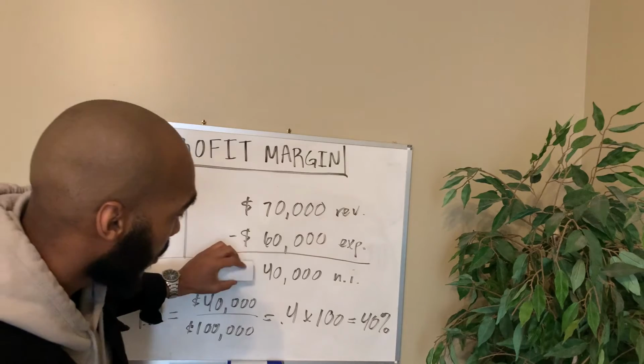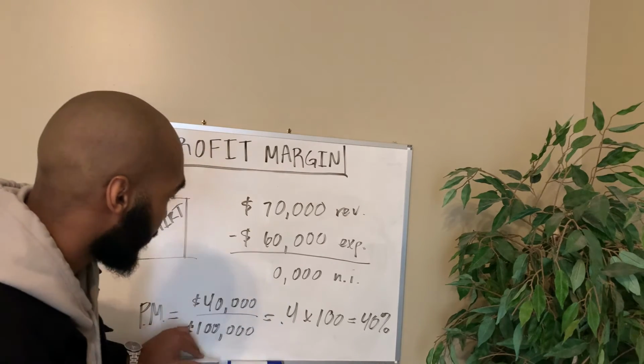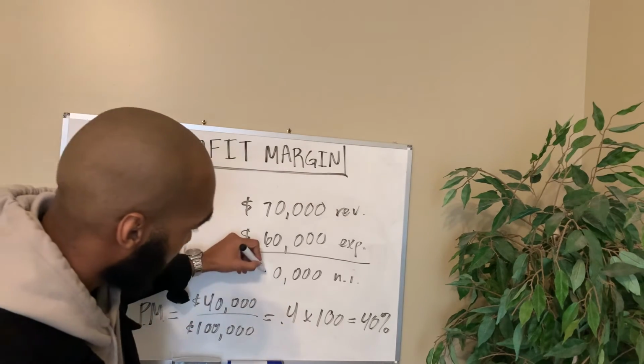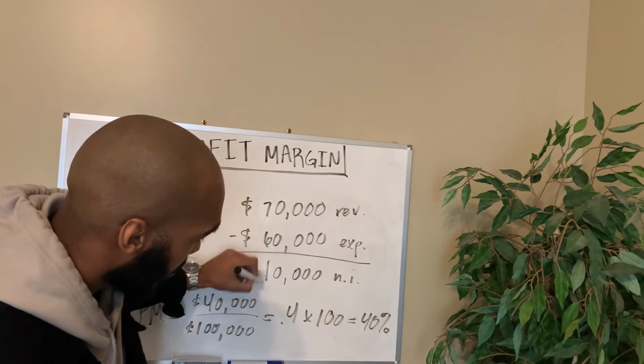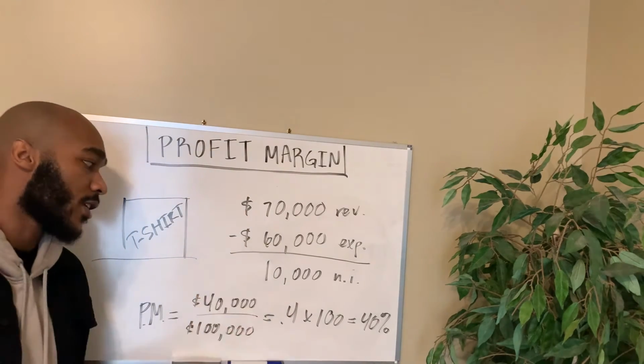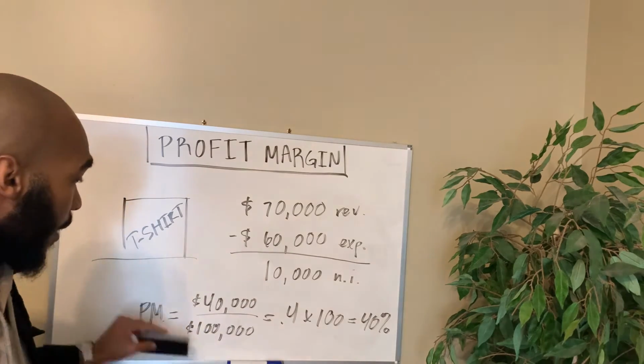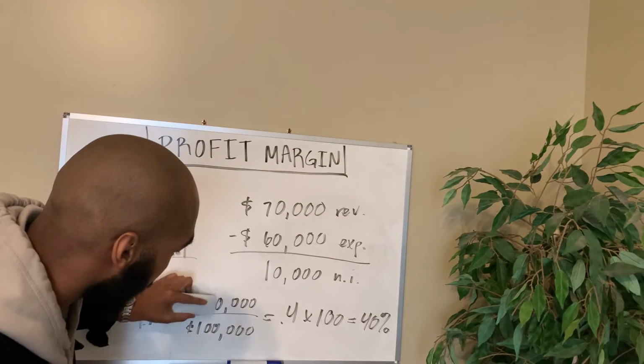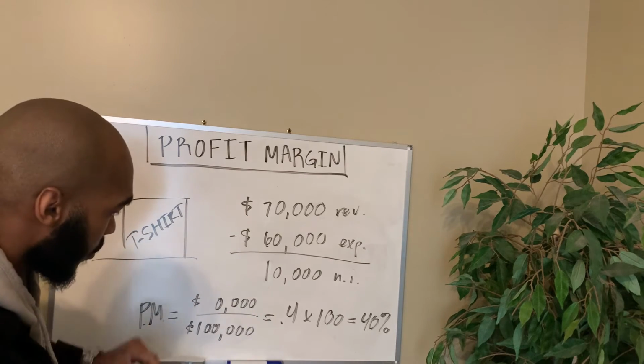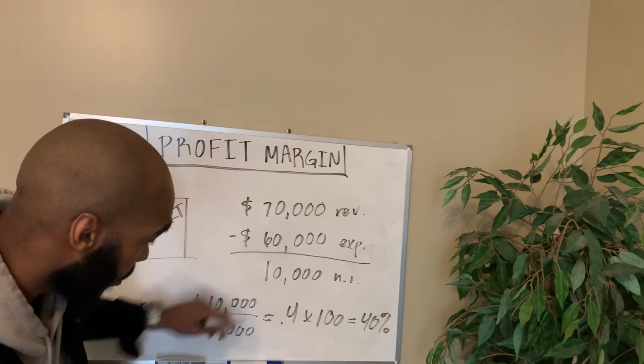And now this number changes. It was 40,000 and now it's 10,000, excuse me. Now, these of course will change as well. This will be 10,000 for your net income.